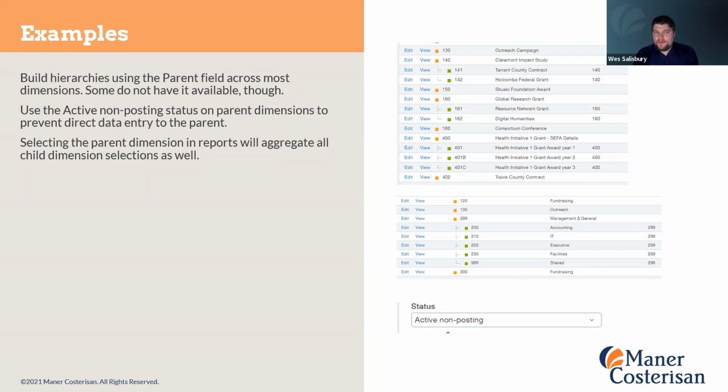One thing I will note is that if you do use hierarchical dimensions in this fashion, you may want to consider using the relatively new status type of active non-posting, which I have an image for at the very bottom. If you've been on Intacct for several years, this is something that's been added only in the last couple of years. But this status of active non-posting allows you to use a particular parent dimension in reporting.